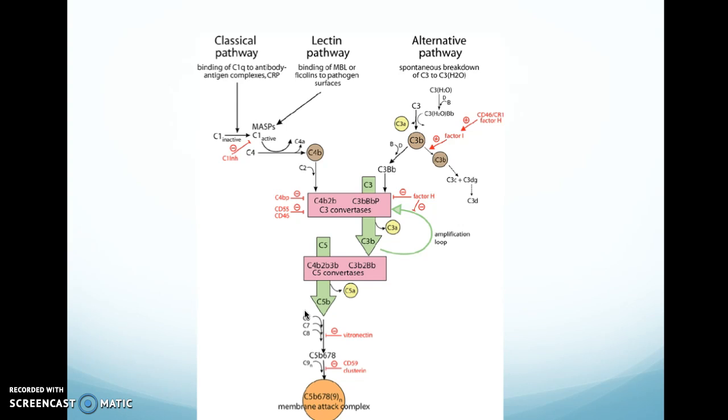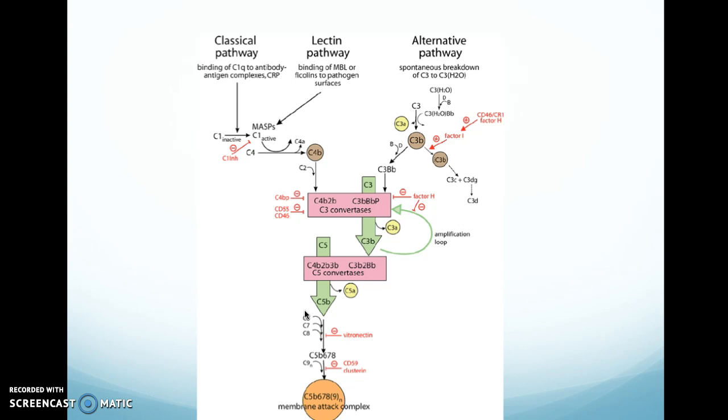Some complement control proteins are present on the membranes of cells, preventing them from being targeted by complement. One example of that is CD59, also known as protectin, which inhibits C9 during the formation of the membrane attack complex. That is formed on the surface of pathogenic bacterial cells as a result of the activation of the three pathways. Again, those are alternative, classical, or lectin pathways.